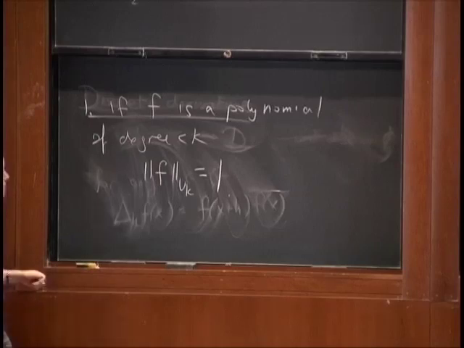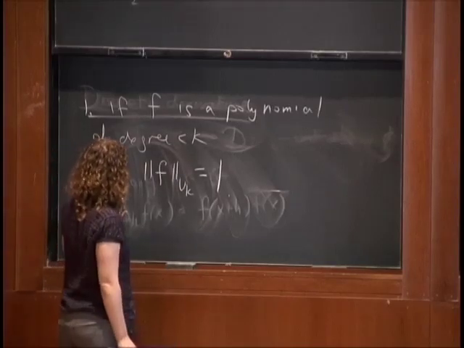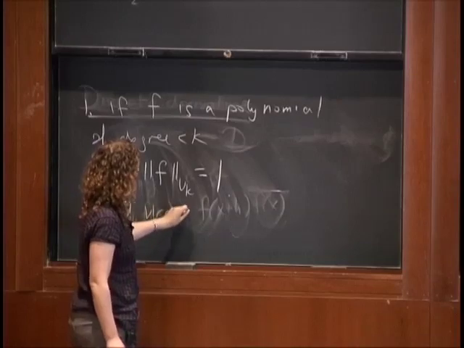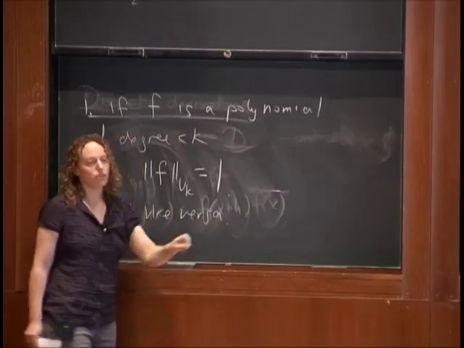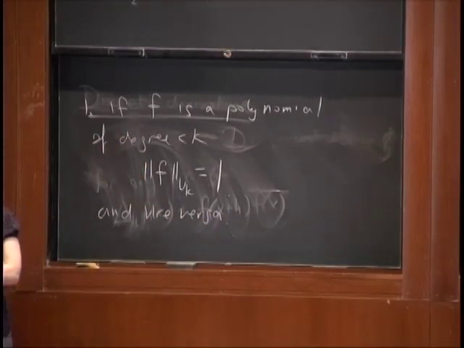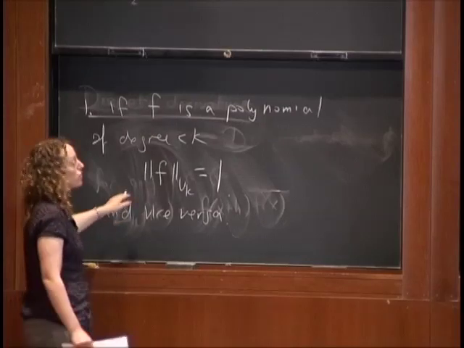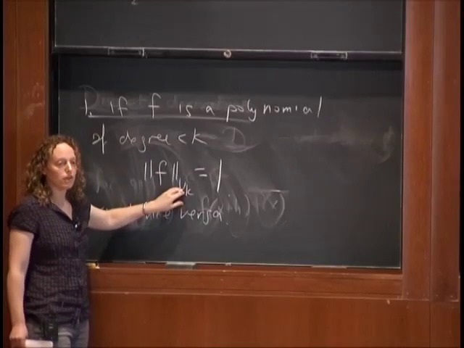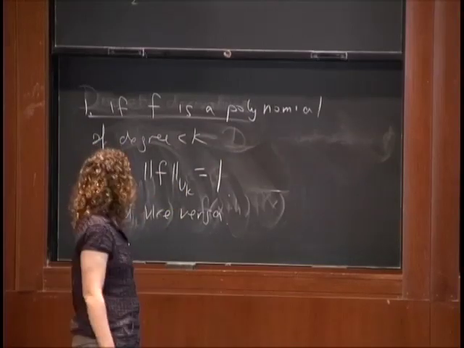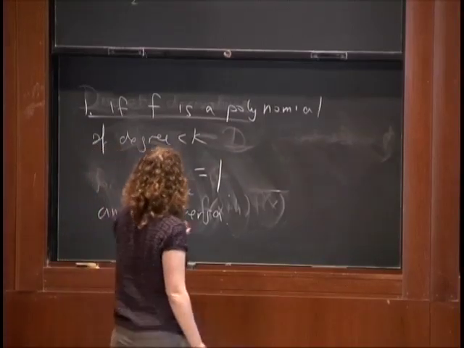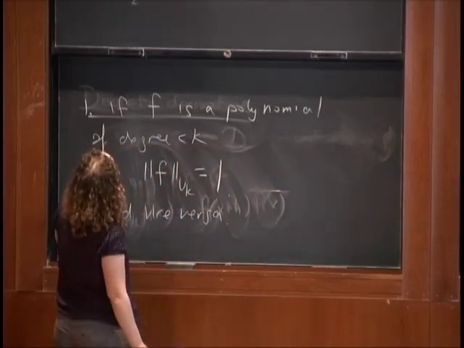And vice versa. Since our function takes bounded values, it takes values in the unit disk. If we know that this average on top there is identically 1, then all these derivatives must be 1. So f is a polynomial if and only if this happens. Okay, so this is observation 1.